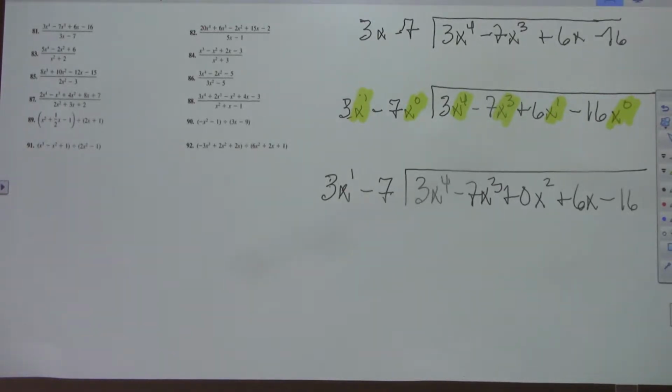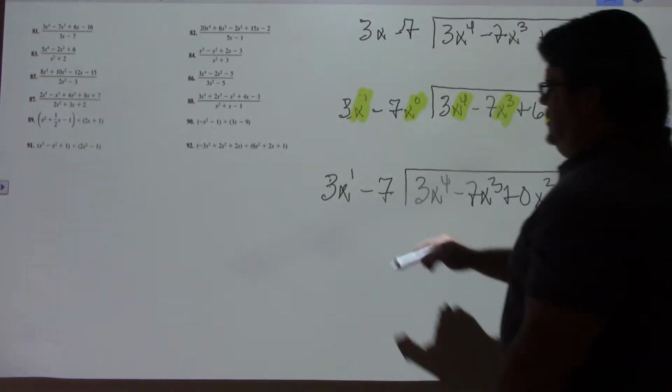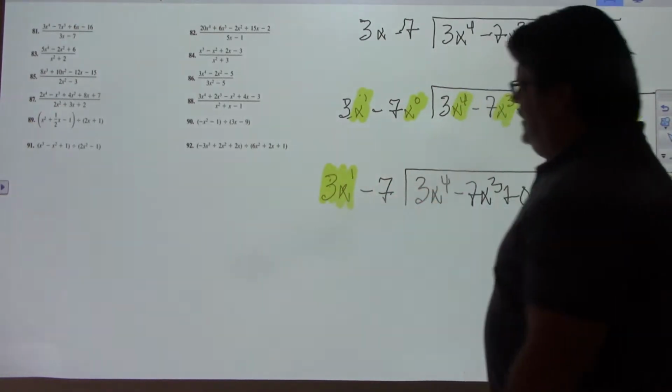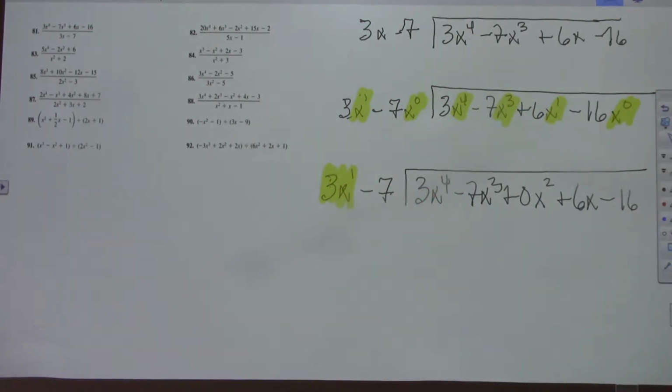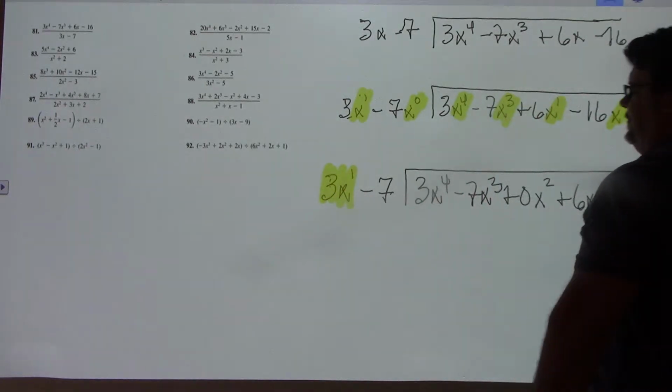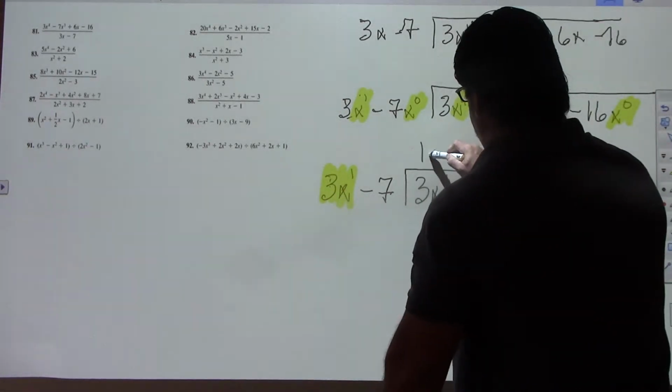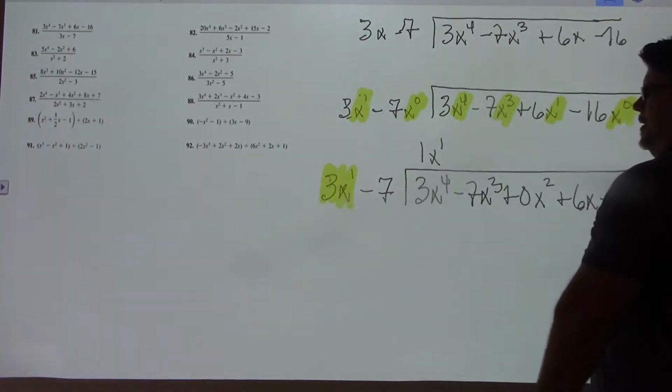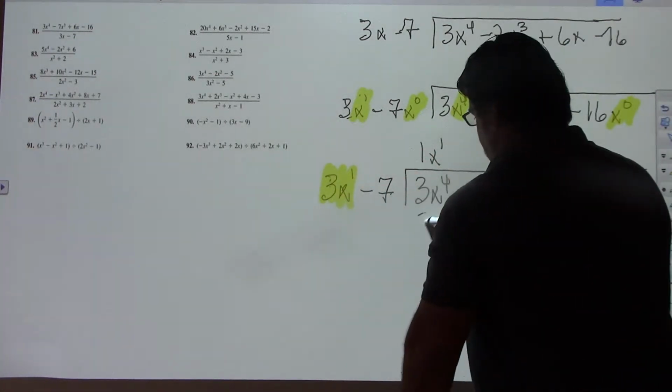And at this point, there's only one thing that we concentrate on. And that's the 3x. We don't concentrate on the 7 because the 7 will follow. You just concentrate on the 3x. Now, how many times will 3x go into 3x to the fourth? 1x to the first time. 1 times 3 is 3.